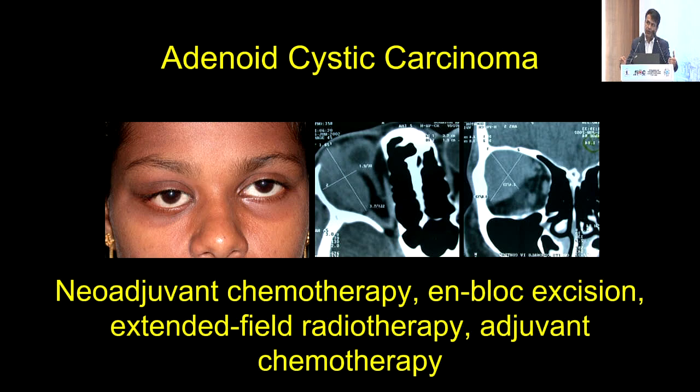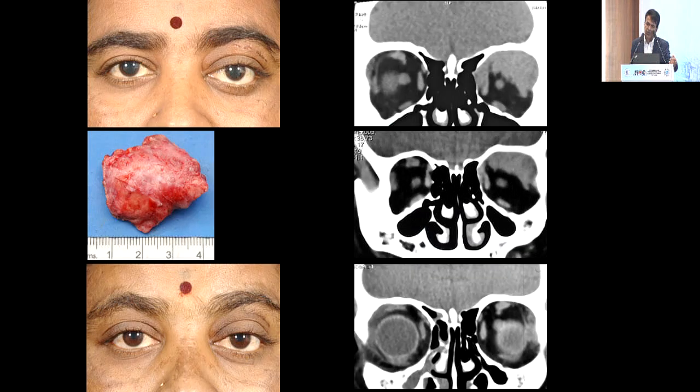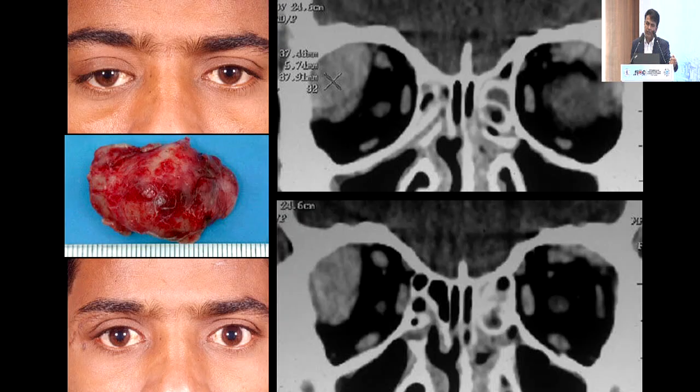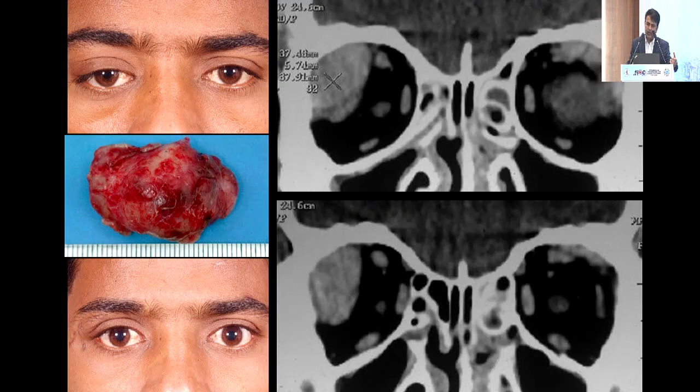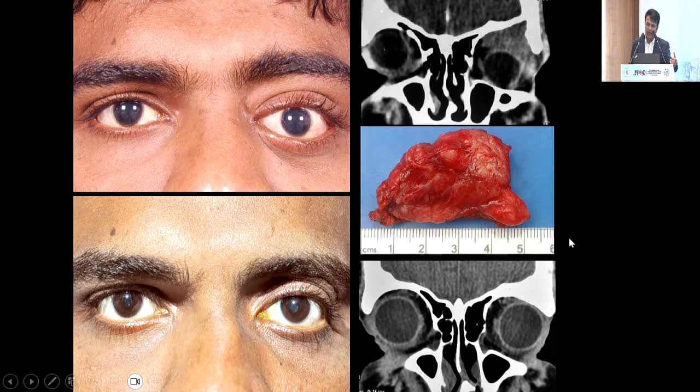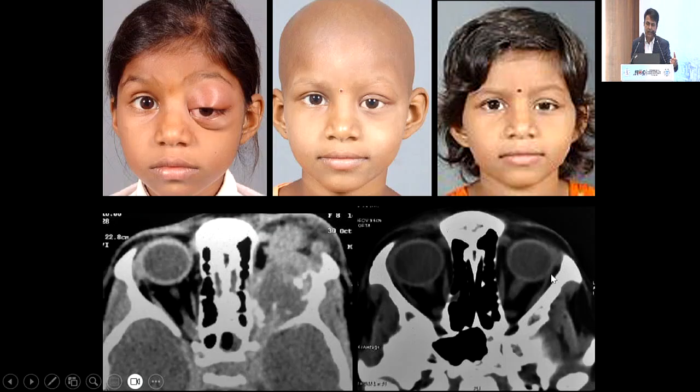When you begin with chemoreduction, reduce the tumor, make it more consolidated, then you do an en-bloc excision, and finally follow it with adjuvant extended field radiation and adjuvant chemotherapy as well, many of these eyes which were otherwise destined to orbital exenteration, or many of these patients who are otherwise destined to systemic metastasis, can be very well salvaged. And even in patients who have a bone lesion like this, where the bone is involved, there can be complete remodeling of the bone, as you see here, without any orbitectomy being required.